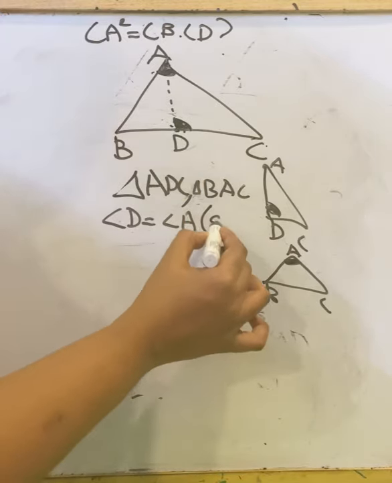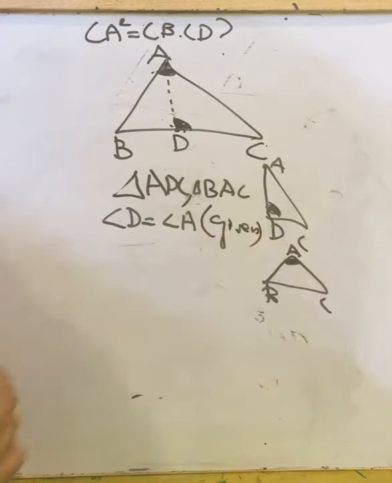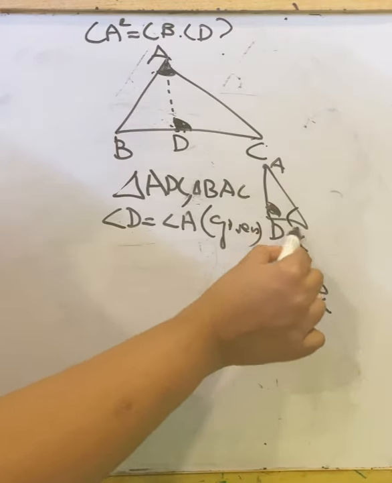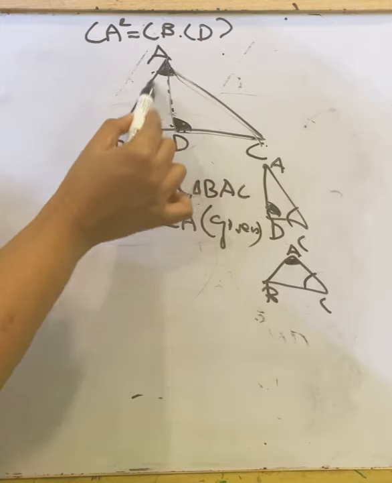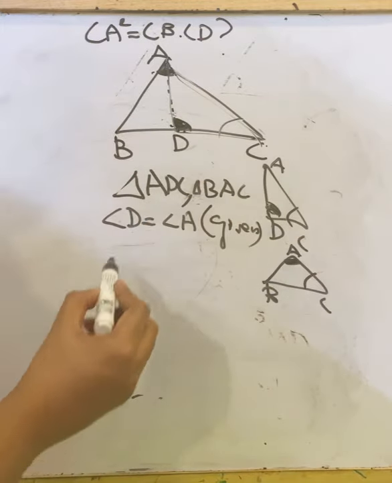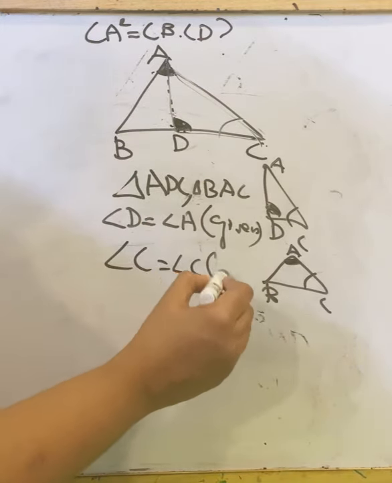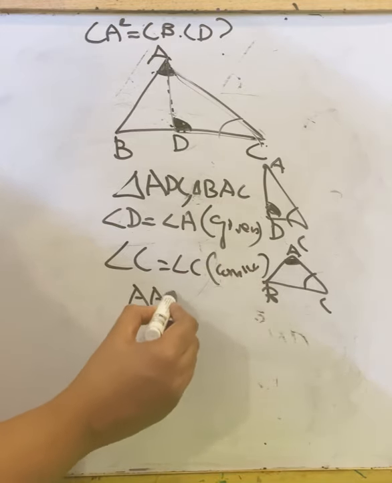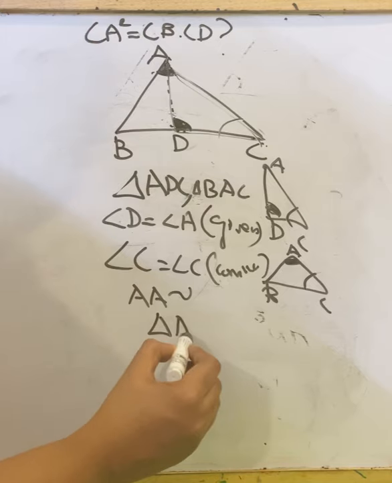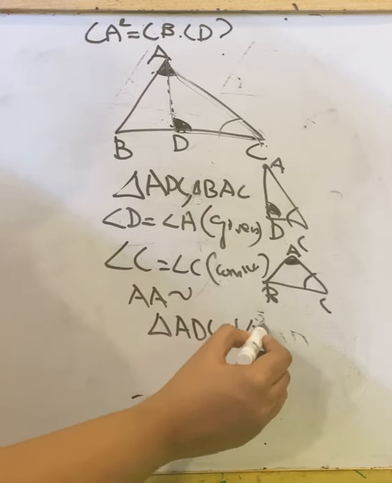In the question it is given. Now you can see angle C is common for both the triangles. For the smaller triangle and for the bigger triangle, we have the same angle C. So angle C equal to angle C common. According to AA similarity criteria, triangle ADC is similar to triangle BAC.